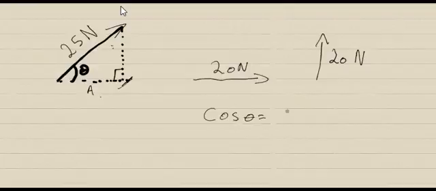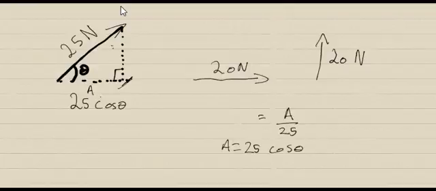So cos theta equals A over 25, because we already have the value of the hypotenuse, the big one, which is 25. So obviously A would equal 25 cos theta. Okay, so it makes sense. Thus here we would say 25 cos theta. Now we need to find out about sine theta.